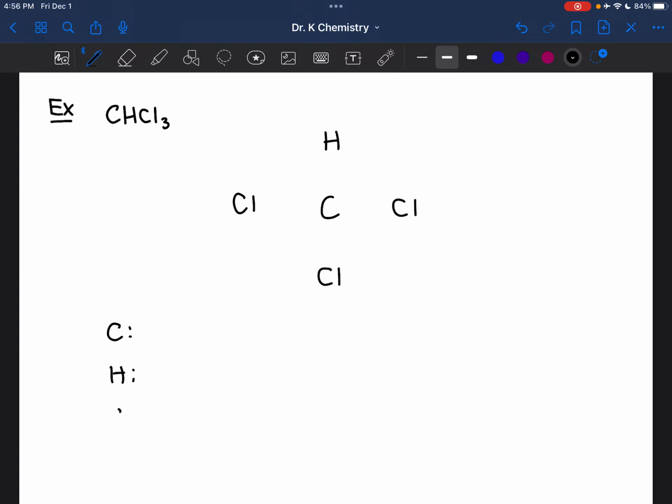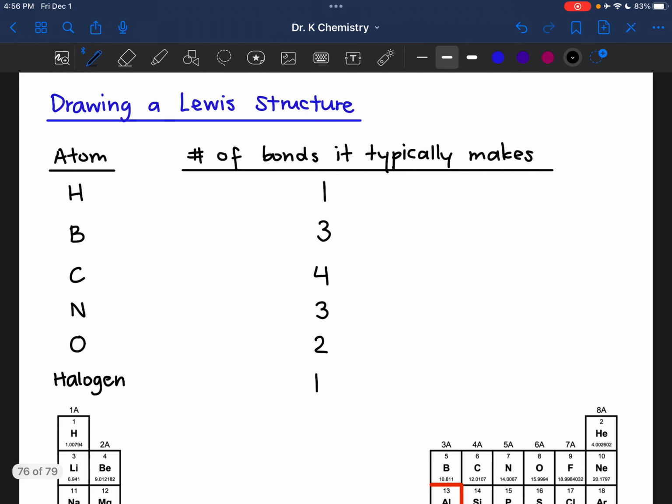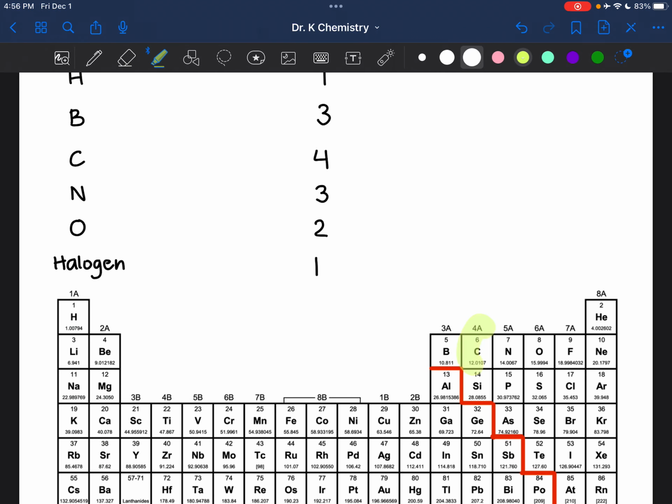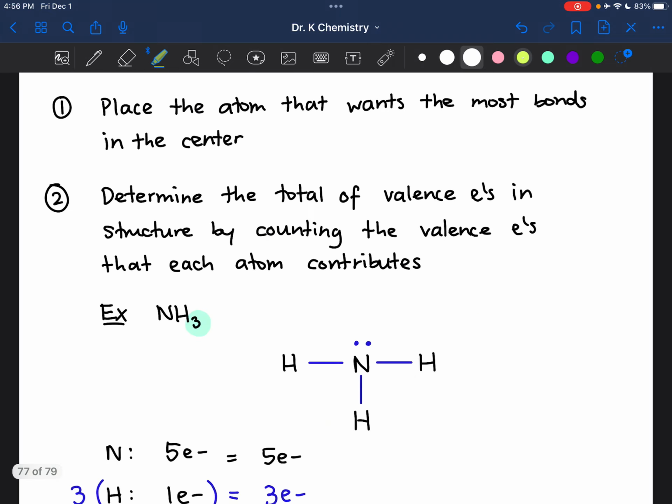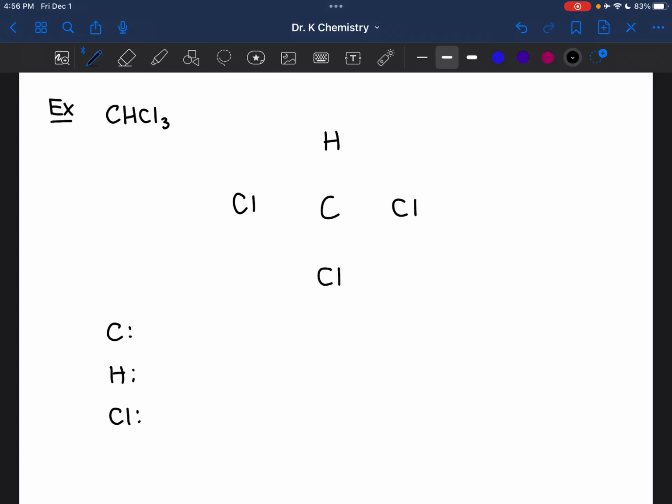Then I'm going to count the number of valence electrons that each atom has. Carbon, looking at the periodic table, has 4 valence electrons. Chlorine is in group 7A, so it has 7 valence electrons. And hydrogen is in group 1A, so it has 1 valence electron. Keep in mind that we have 3 chlorines in the formula, so I need to multiply this by 3 to account for that.